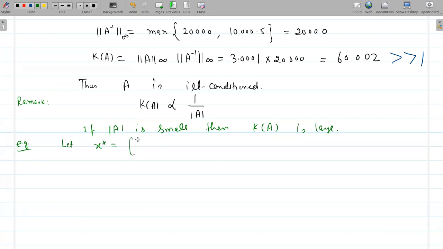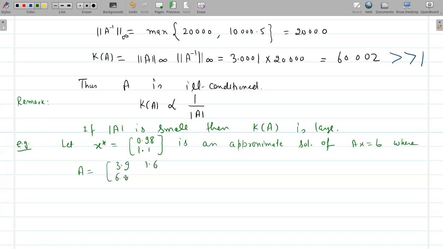Let x star be an approximate solution, maybe computed by Gauss Seidel, of the system Ax equals B, where A equals 3.9, 1.6, 6.8, 2.9, and x is the column vector x1, x2, and B is the right hand side 5.5, 9.7.